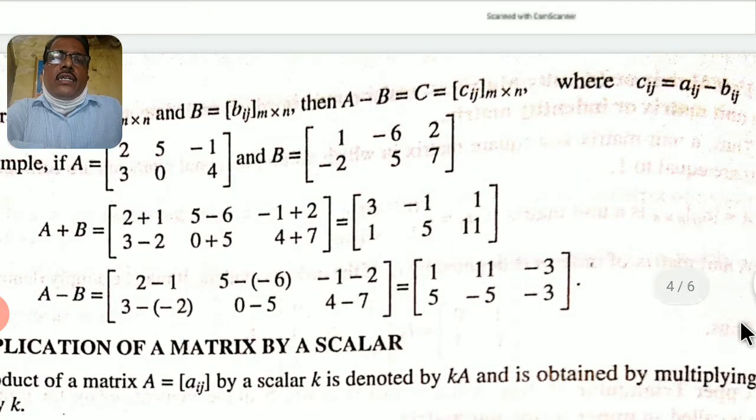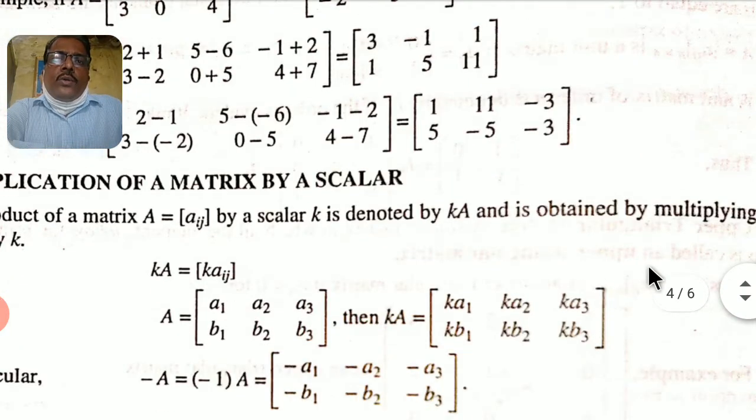Okay, next we go to multiplication of a matrix by a scalar. Multiplication of a matrix by a scalar means multiplying the matrix with a constant. Suppose A is a matrix containing the elements aij.